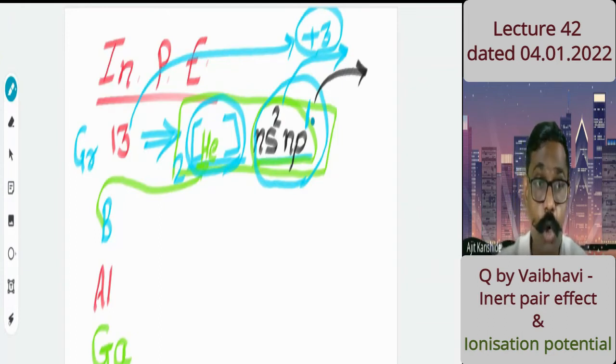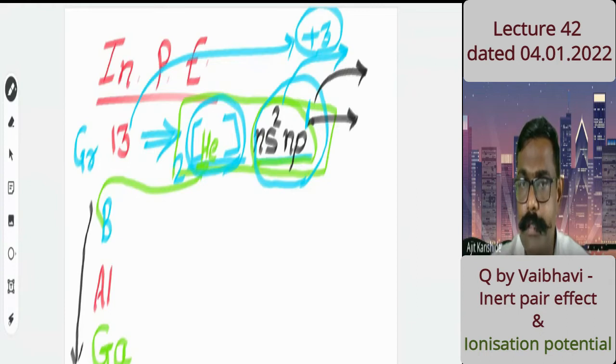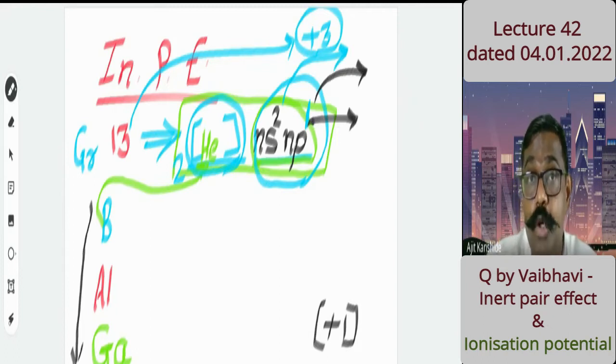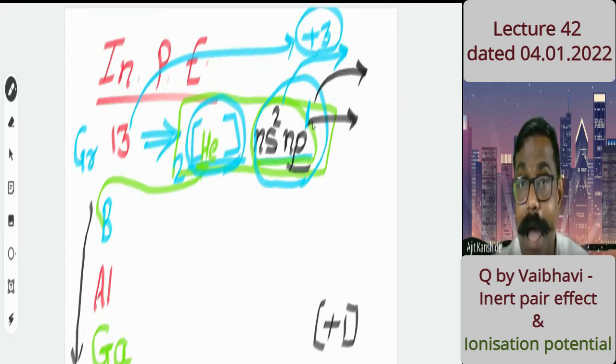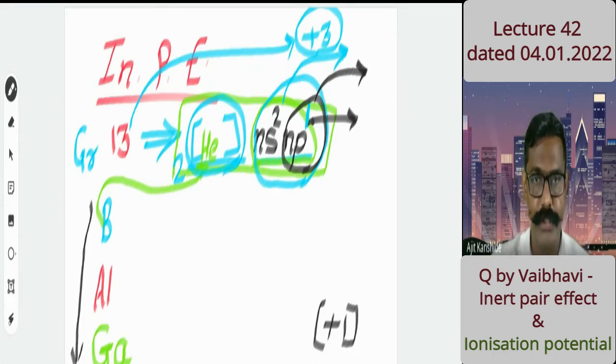But as we go down in the periodic table, we find that the tendency to lose the electron from the p orbital is there everywhere. About gallium, for example, it can show plus 1 oxidation state. When will gallium show plus 1 oxidation state? If the last electron in the np orbital ionizes, then it will show plus 1 oxidation state. But when it shows the removal of 3 electrons, then it will show the plus 3 oxidation state.